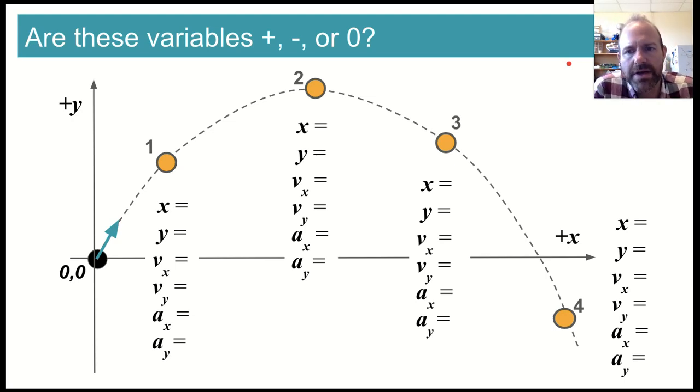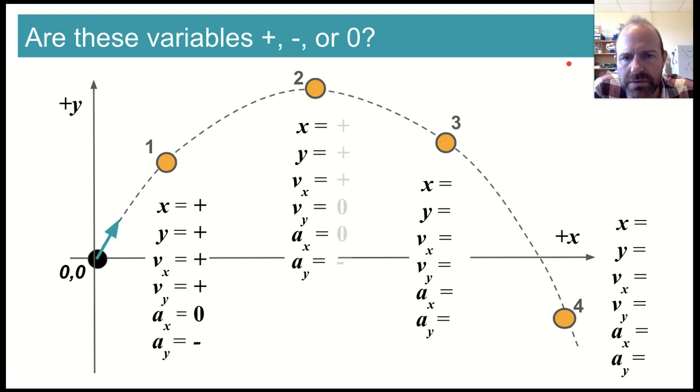Now we can go through them one at a time. At position 1, we have an x position that is to the right, so positive, a y position that is up, so positive, vertical velocity and a horizontal velocity in the positive direction. The x component of acceleration is always 0 because it's constant velocity, and the y component is always down or negative.